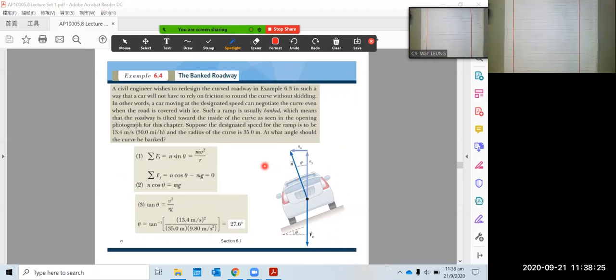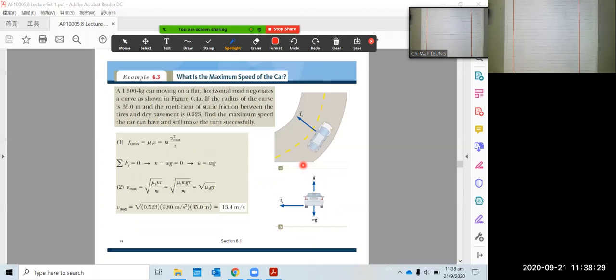We also talked about the car moving in a circular track. When the car is moving in the circular track, it has an acceleration that points in the direction of the center of the circular track. This acceleration must be due to a force that points in the same direction. This force very likely is due to the frictional force between the tire and the road surface.